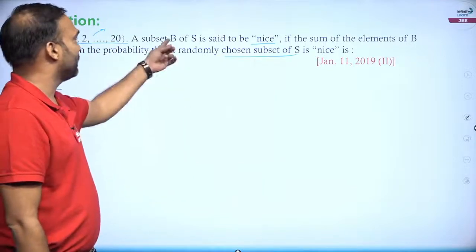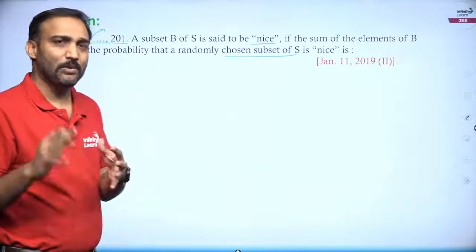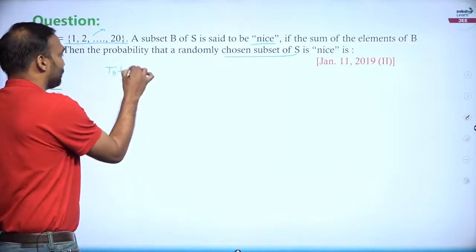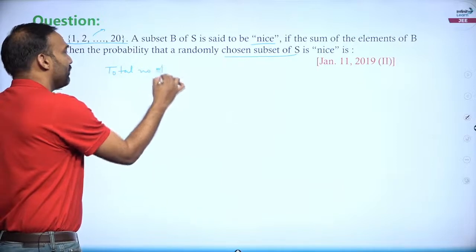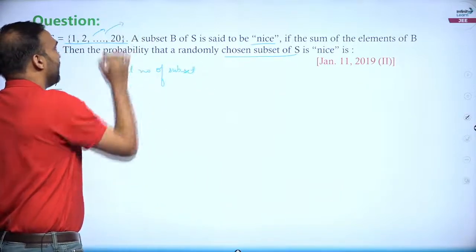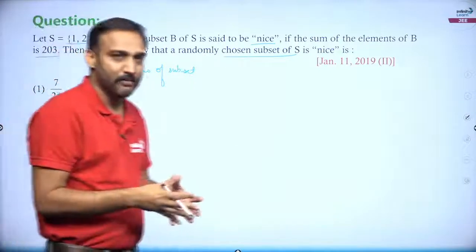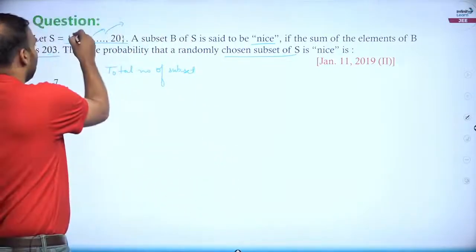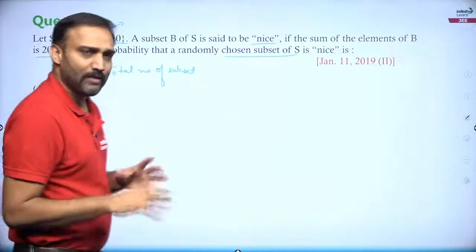Now I have to make subsets. First of all, let us calculate how many subsets we can make. Total number of subsets. Now for any subset, if I have to make a subset, for the first element, I will have 2 thoughts.